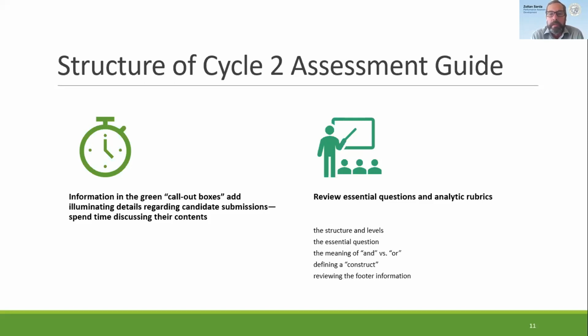We'll go through that in a moment, but this is a key piece for you to really get a good understanding of what those essential questions are. Just before the rubrics, there's a table of just the essential questions. So it's a good idea for you to take a look at those and think about what it is that we are searching for in your submission.